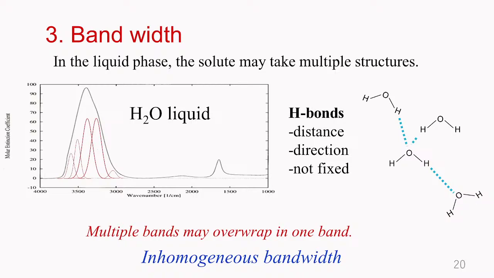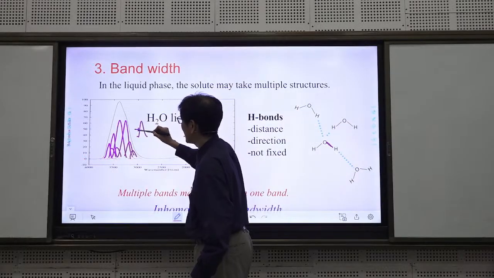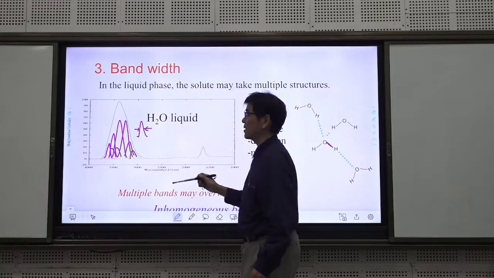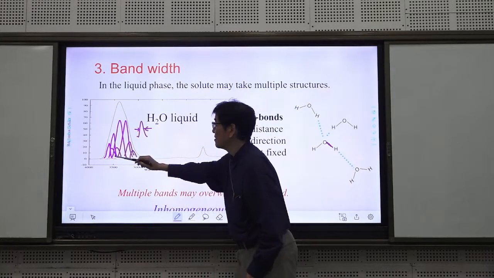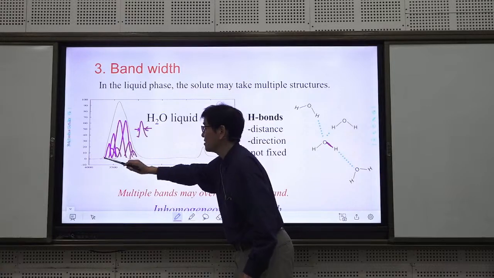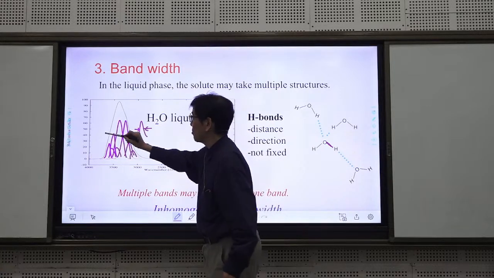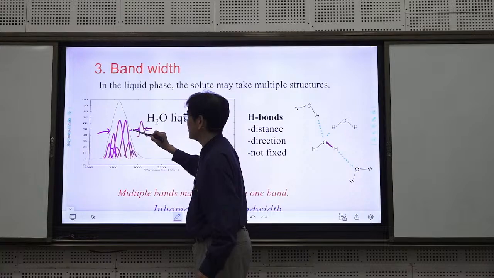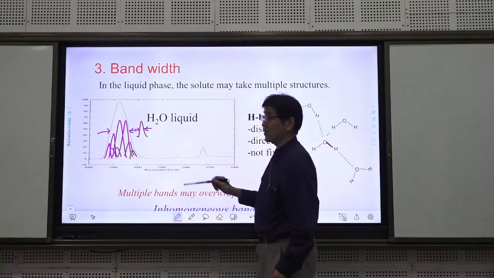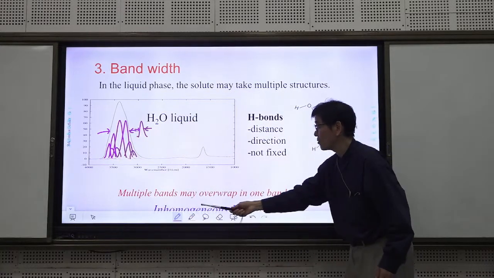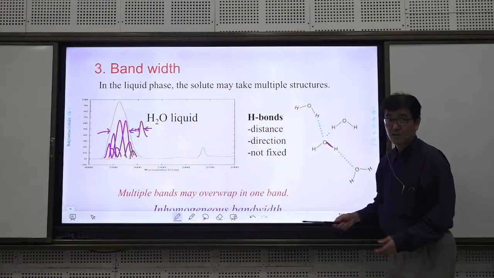Each band should have the homogeneous bandwidth, but it gathers in the limited region, and the overall bandwidth is much broader than the homogeneous bandwidth. So this is so-called inhomogeneous bandwidth.